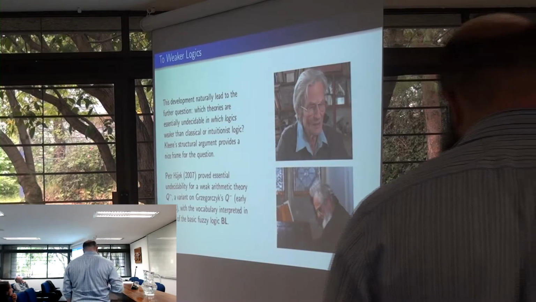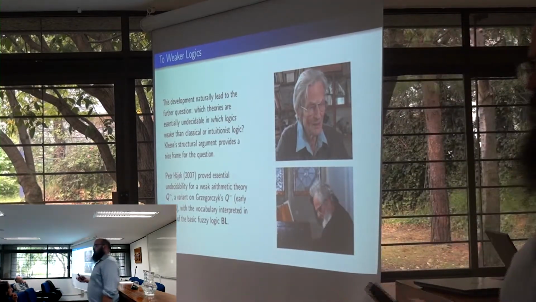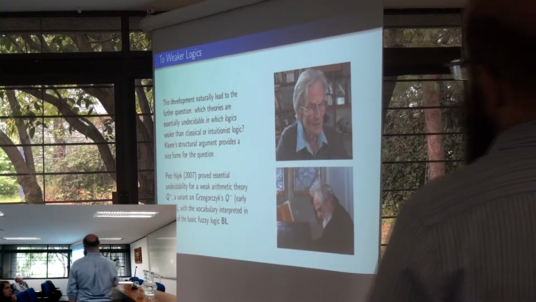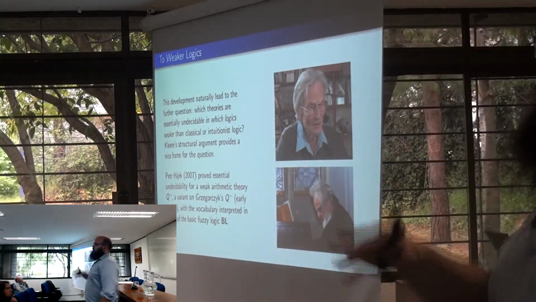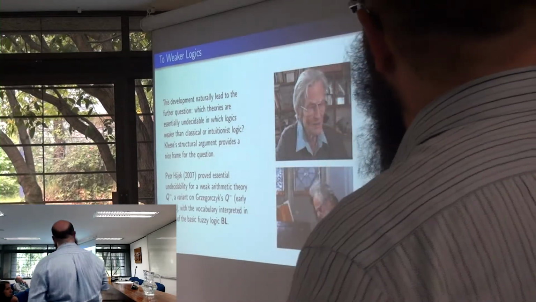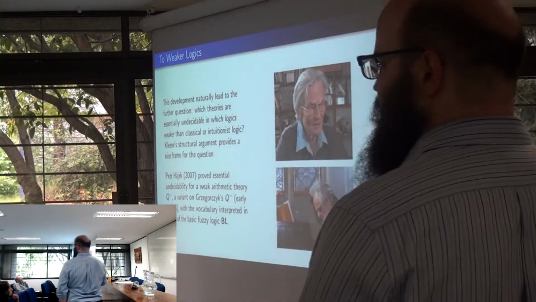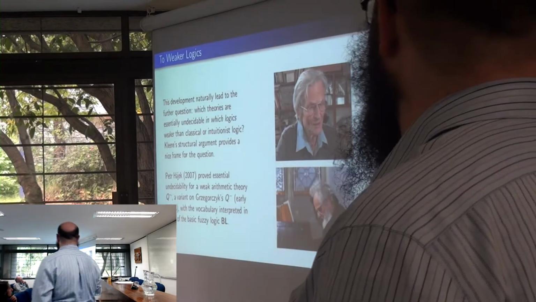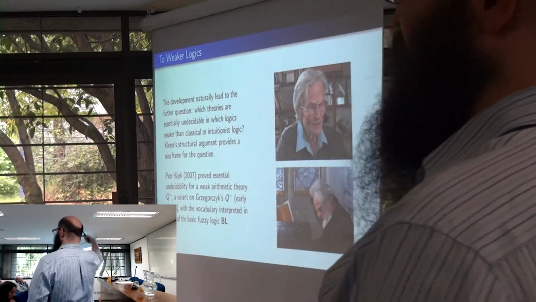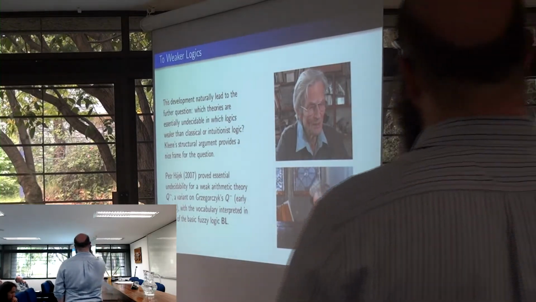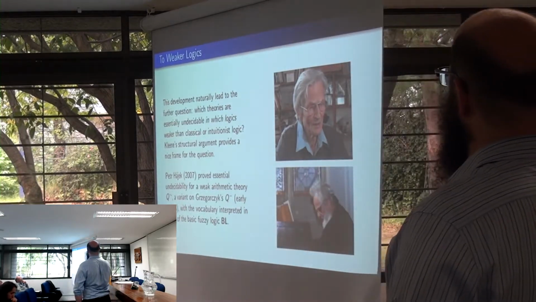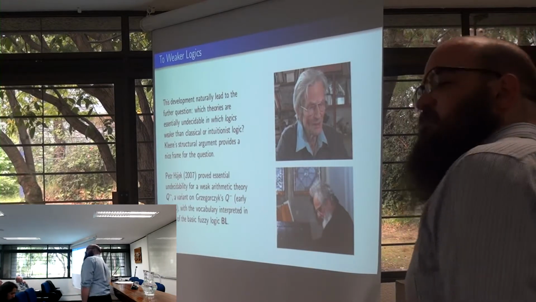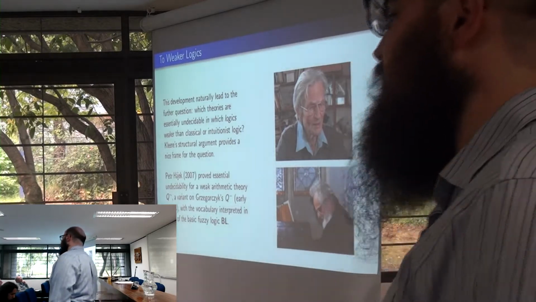Since then, there's been a natural move to weaker logics yet. Intuitionistic logic is still way too strong, as we all know. The development towards the essential undecidability of Q in intuitionistic arithmetic naturally led to the question: in which logics, weaker than classical or intuitionistic logic, are which theories essentially undecidable?